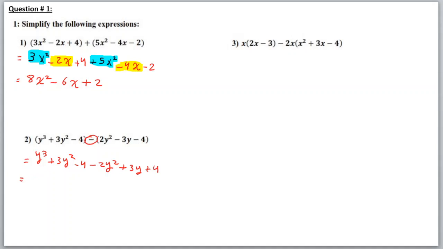And then in the second step, I should collect the like terms together. So y cubed, there's no other y cubed here, so we just copy it, y cubed.